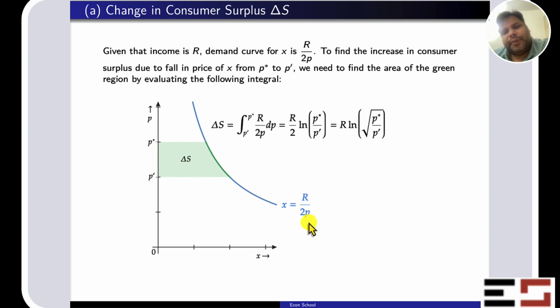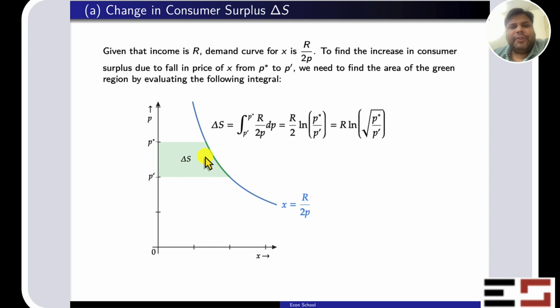As p goes up, the demand falls. And if the price falls from p star to p prime, the increase in consumer surplus will amount to this area, which is going to give you the increase in consumer surplus as a result of the fall in price of x from p star to p prime.